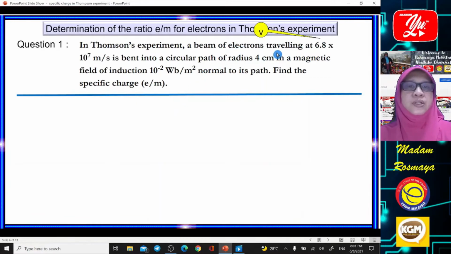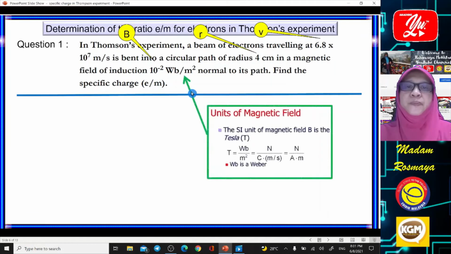So you are given the speed of the electron and the radius of the circular path taken in the presence of magnetic field only, with magnetic field of induction 10 to the power of negative 2 Weber per meter squared.